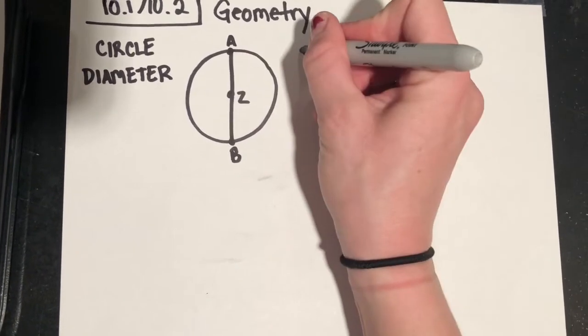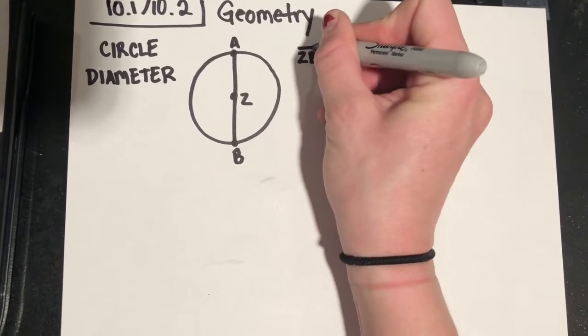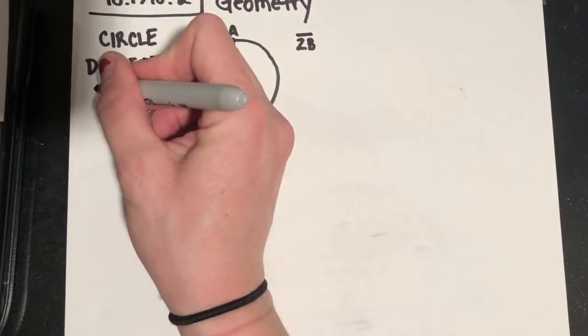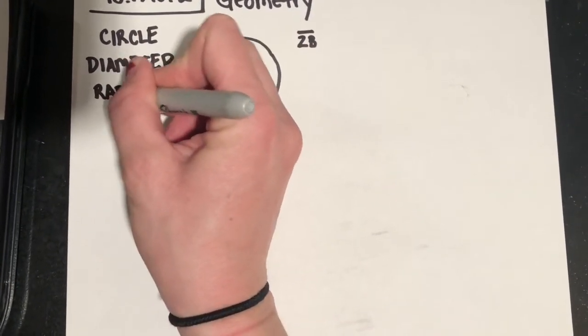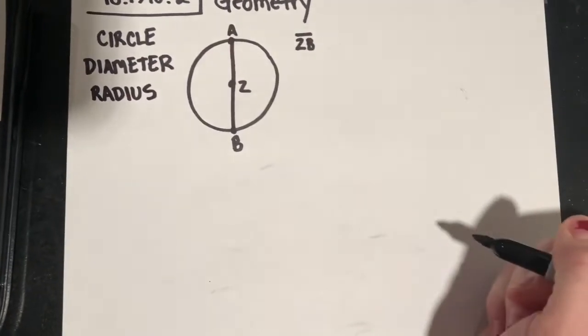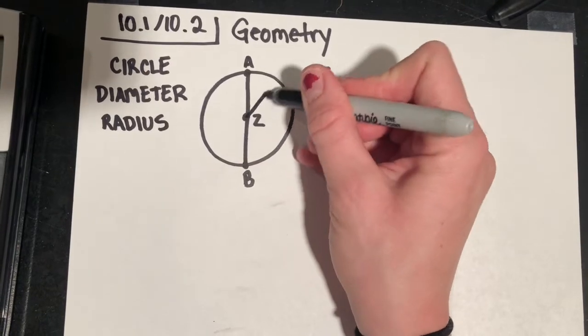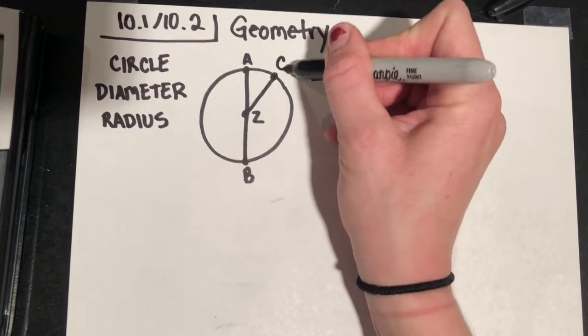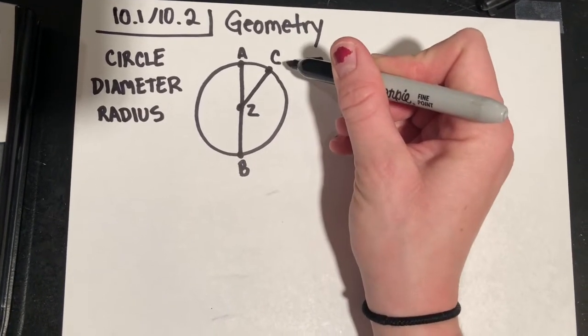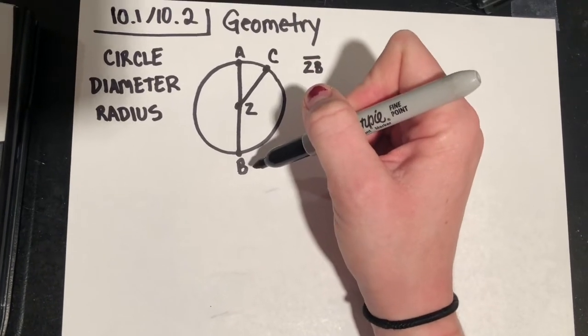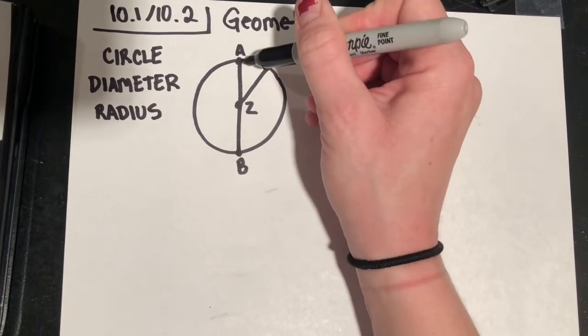If I have ZB, that would be called a radius. A radius is half the circle. All radii are equal. ZC is equal to ZB, is also equal to ZA.